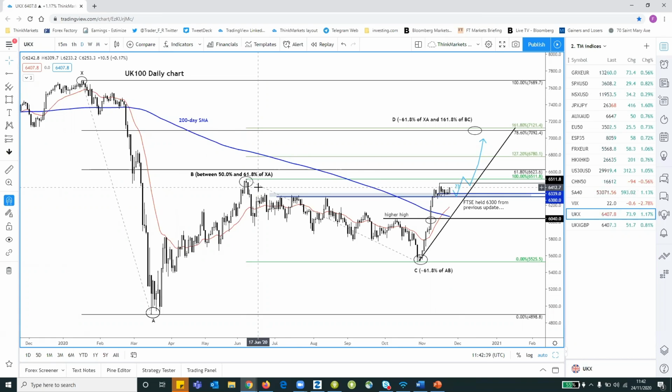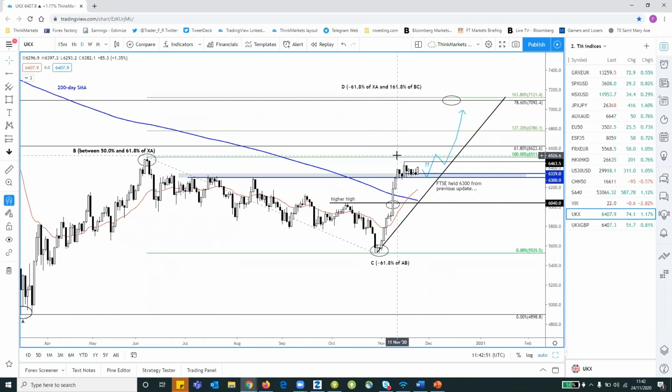Now, in recent times, because of the vaccine optimism, those value stocks have been more in demand compared to technology stocks. And that's why the FTSE has been able to rally really sharply over the last couple of weeks, I should say.